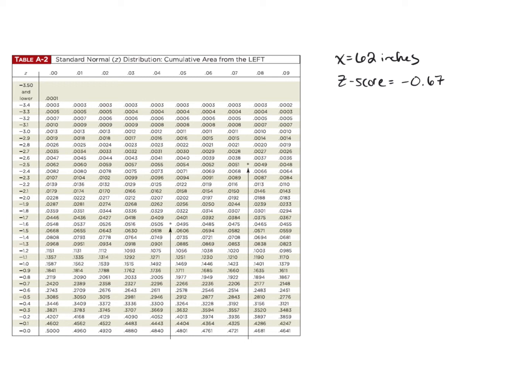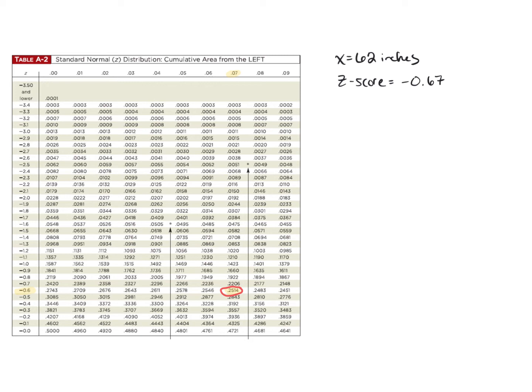So I'm going to go to the negative side of my z-table, and you're going to scroll down in the first column and look for -0.6. So -0.6 is here, and then go to the column that corresponds with 0.07. That's this column here. When you take a look at the z-table, I'll circle it in red here. That gives us an area of 0.2514.